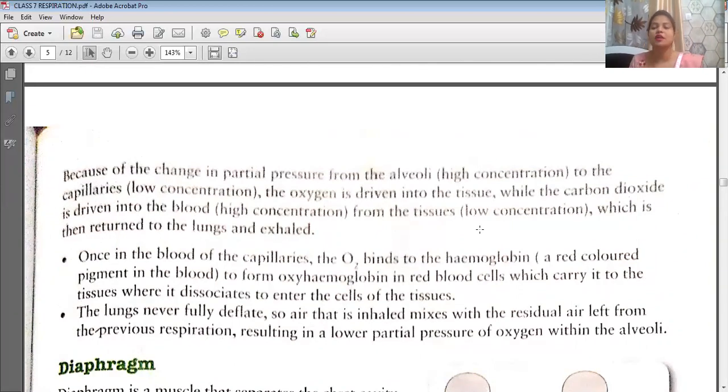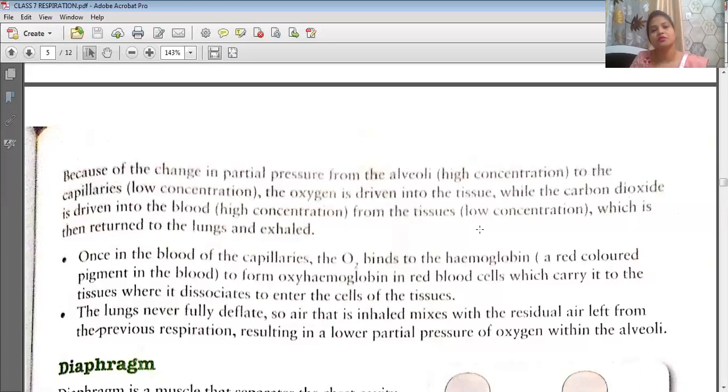So oxygen is moving from high concentration to low concentration, and carbon dioxide is going from low concentration to high concentration, that is, from tissue to blood. This is why a partial pressure is being created. The carbon dioxide that came out of the tissues has mixed with the blood, which is a region of high concentration.